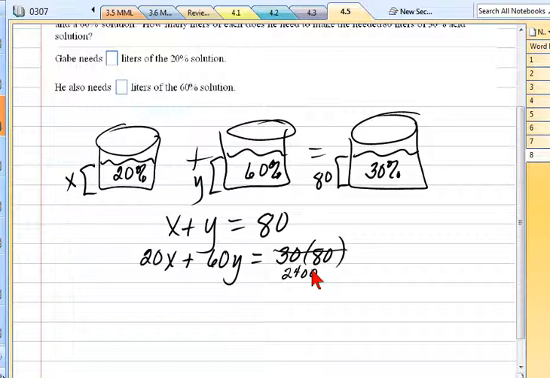Then you have to decide whether you want to go with substitution or the addition method. I probably would go with substitution if it was me doing the problem, but that's up to you. I rarely go with addition unless the problem is ready for it. That's kind of my thing.